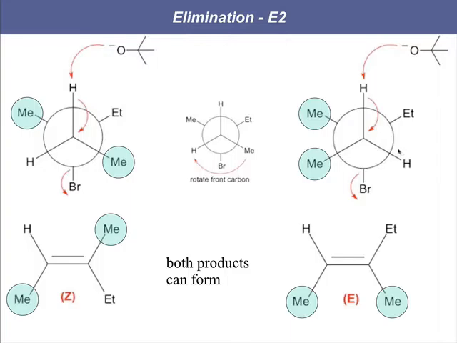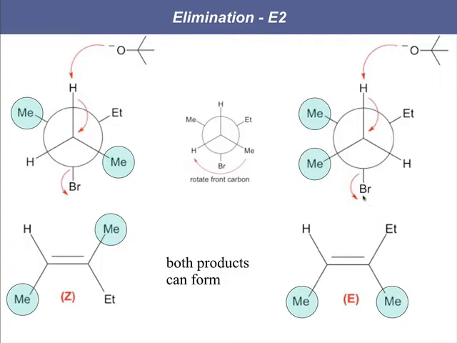Look what happens now. Now, this hydrogen is there. So that hydrogen is now anti to that bromine. Now, when the base grabs that hydrogen and these electrons fall in, that forces off the bromine.